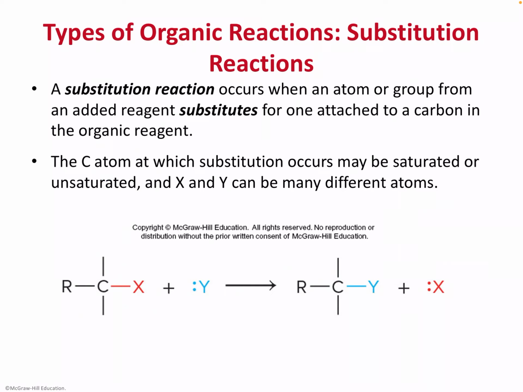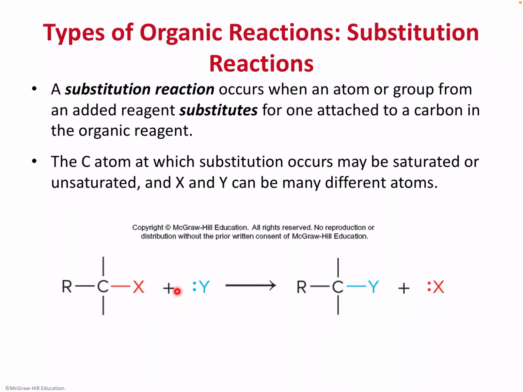Another one. So we learned about addition and elimination; substitution reaction is the third type. A substitution reaction occurs when an atom or group from an added reagent substitutes for one attached to a carbon in the organic reagent. So the carbon in the organic reagent is attached to X here, and then you add Y. So Y is going to substitute X now.